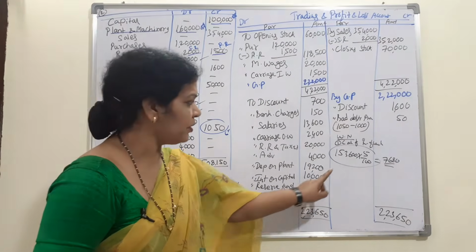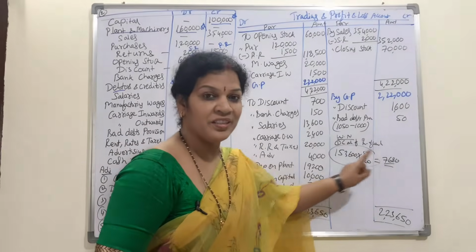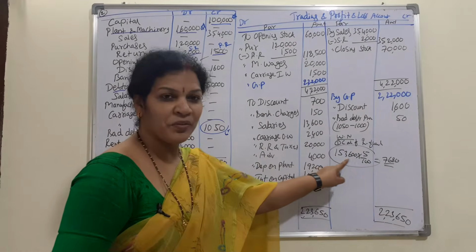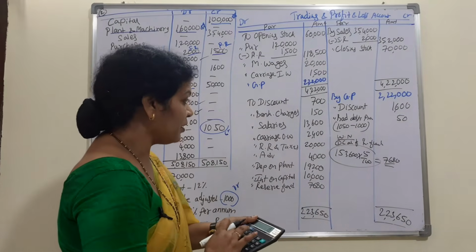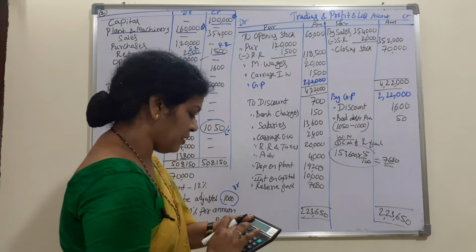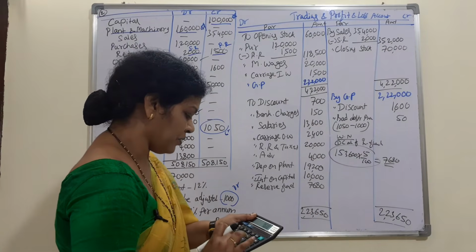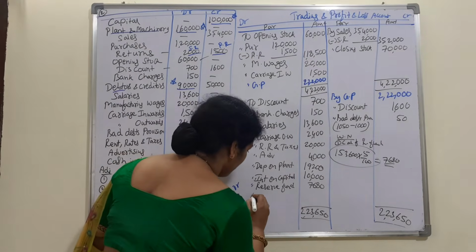To get the net profit, even this one also we have to deduct, no? Actual net profit is this. We are providing 7,680 here. It means net profit is decreasing. So to get the net profit, 1,53,600 minus 7,680 comes to 1,45,920.